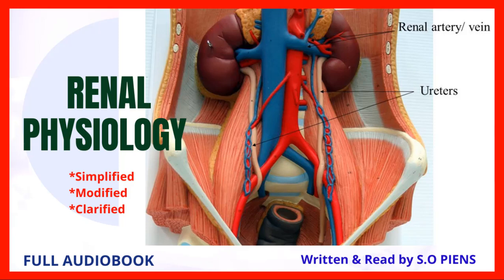The second factor is hormonal factors, and the third factor is nervous factors. For the hormonal factors, some hormones increase reabsorption of some substances, while some decrease their reabsorption. For instance, aldosterone increases sodium reabsorption and decreases potassium reabsorption. Atrial natriuretic factor decreases sodium reabsorption.